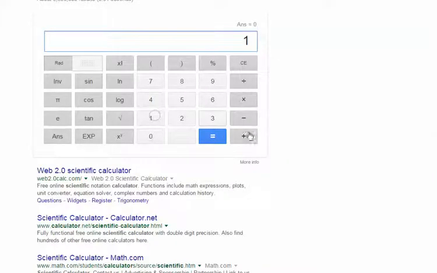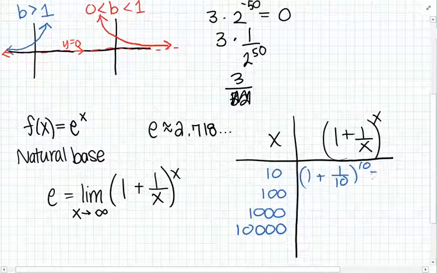So 1 and a tenth, taken to the 10th power, we get approximately 2.5937. Okay, remember this is e.